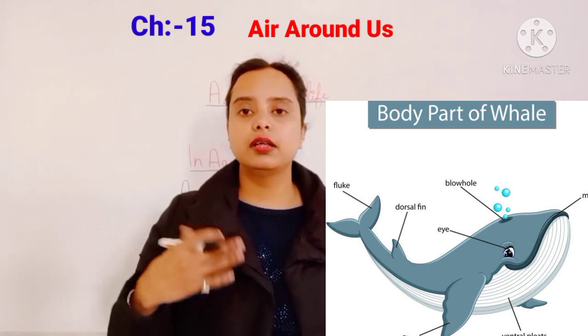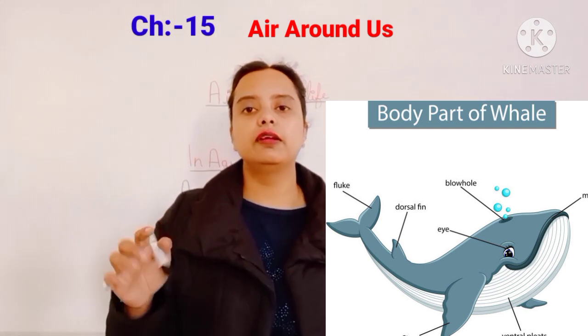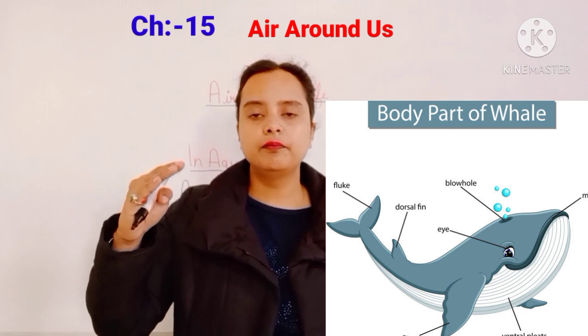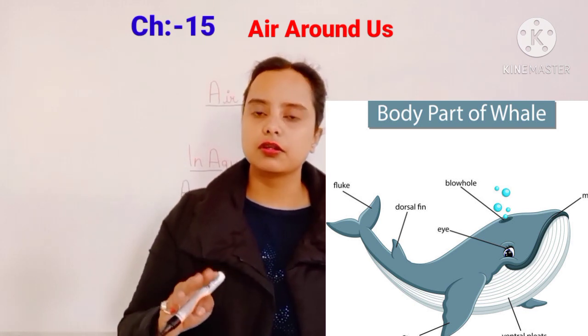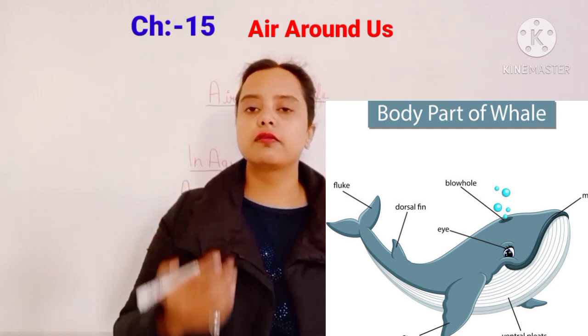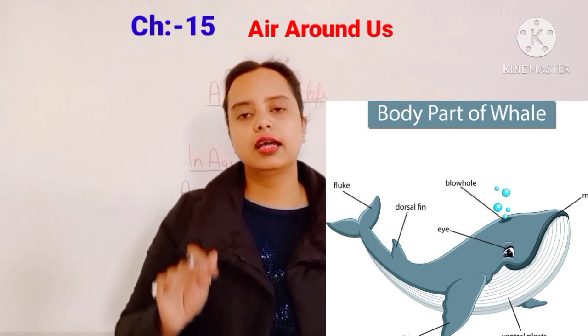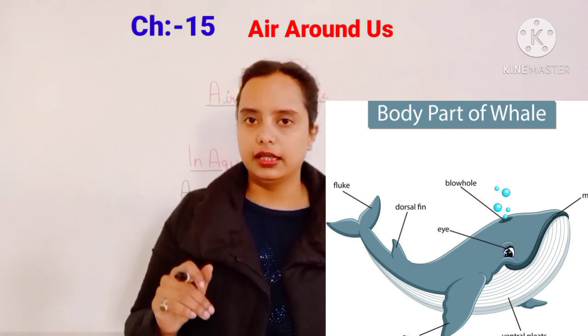Whenever they want to take in oxygen, they come to the surface of the water, take in oxygen from the air, and then go deep into the water. Whenever oxygen is required, they come to the surface and take in oxygen from the air.